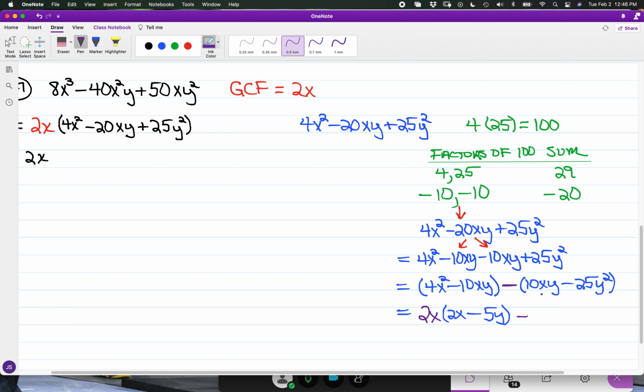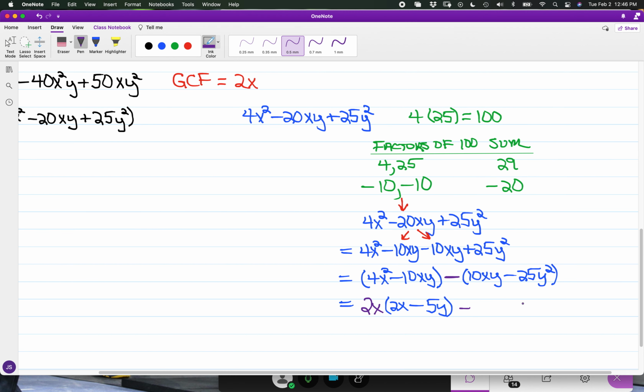Now the greatest common factor will go into the last pair: we have 5 and y, and 5y into 10xy minus 25y squared will also go 2x minus 5y times.